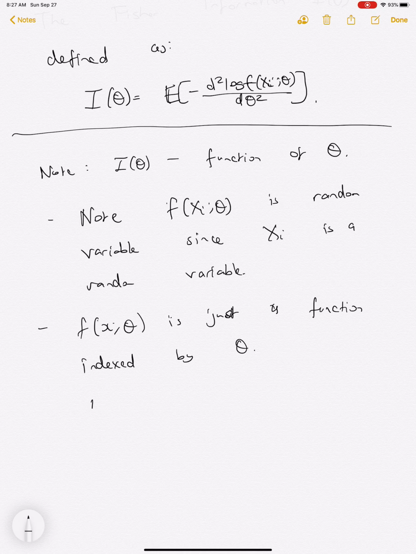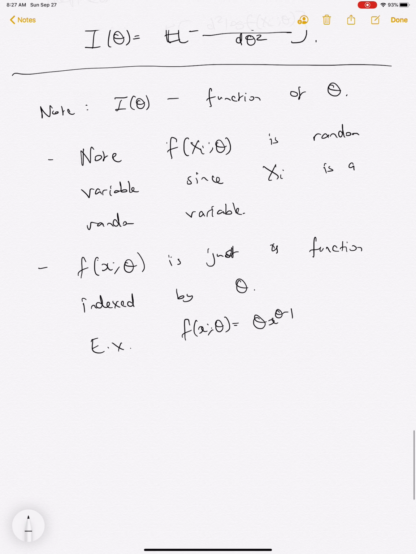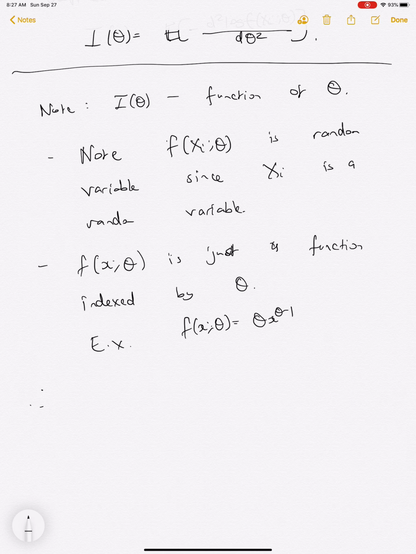The example we just saw is like f of x theta is theta x to the theta minus 1, for example. So remember that functions of random variables are still random variables. And so therefore we can also say that log of f of xi theta is a random variable.